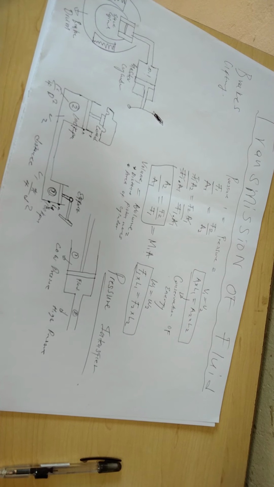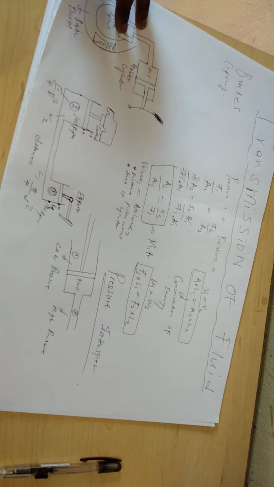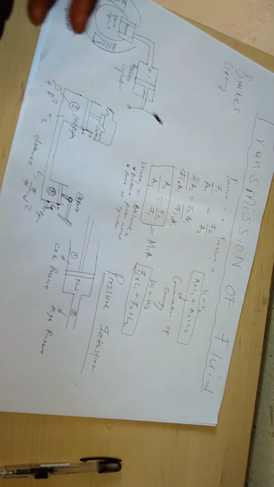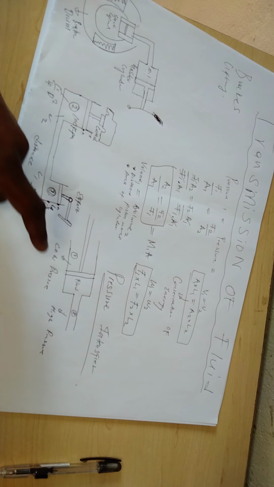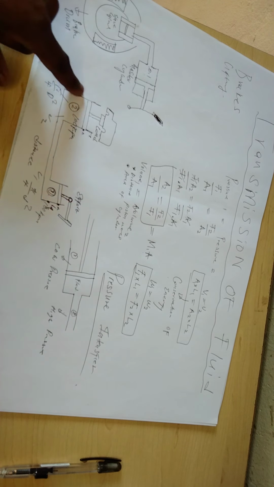You are going to be asked this kind of a question. You just need to keep them in your mind and know what you are dealing with. These are the kind of questions you're going to receive. They're going to tell you about the pressure intensifier. They usually love to mix pressure intensifier with this kind of drawing.